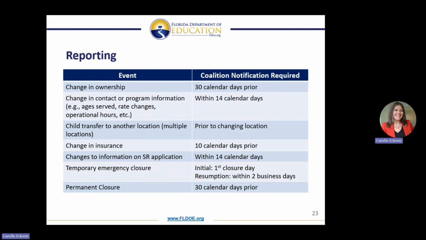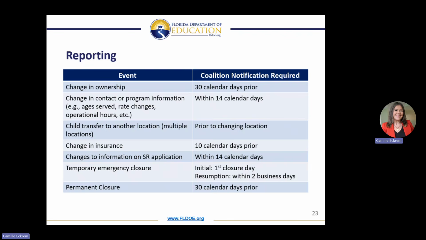SR providers must notify coalitions when certain events occur, such as a change in ownership. Coalition notification is required 30 calendar days prior to the change in ownership. Change in contact or program information, for example, ages served, rate changes, operational hours, etc. The coalition must be notified within 14 calendar days.